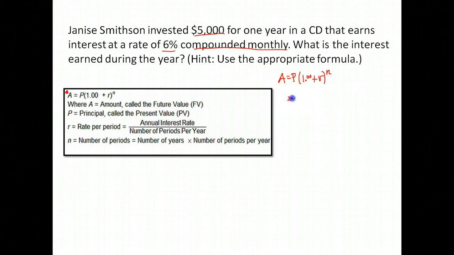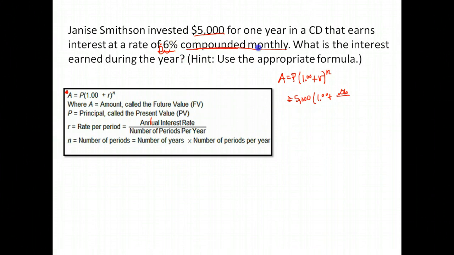Let's put our information in. A is what we're trying to find. P, the principal amount invested, was $5,000 times 1 plus, we need our R, and remember R over here is the annual interest rate of 6%. You move the decimal 2 places to the left, divided by the number of times it's compounded.